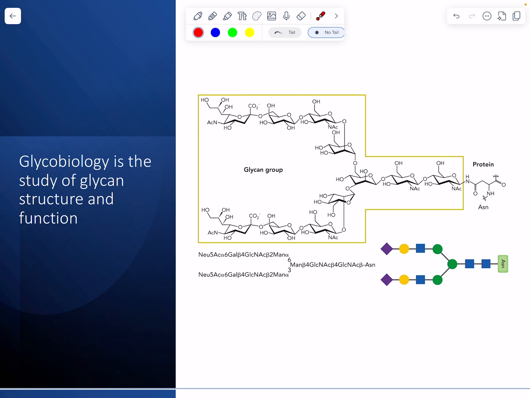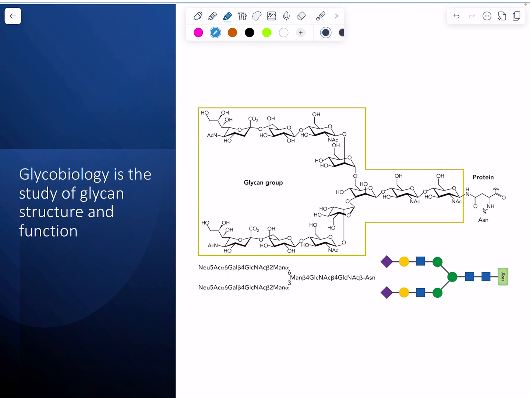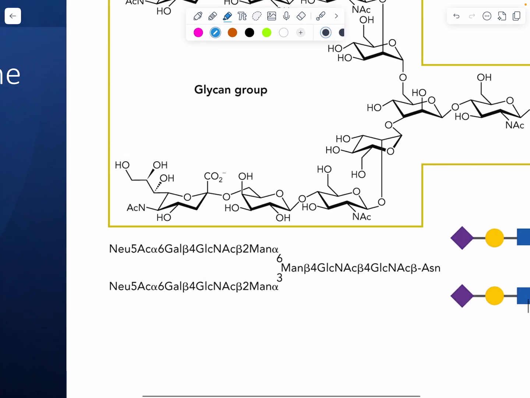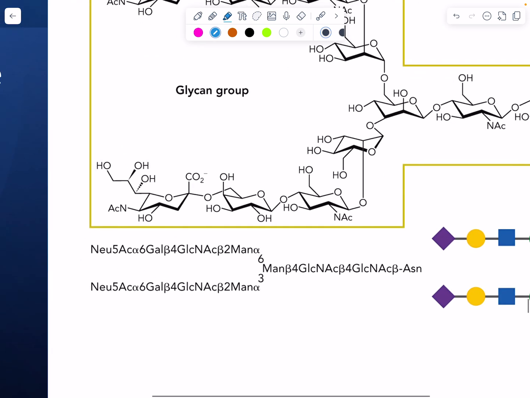We could show it in terms of the name of the monomer, and you'll notice that in these names, and I'm going to zoom in a little so it's easier to see, the names are separated by the type of linkage that there is. Now you'll notice one thing about the linkages, and that is that you only see one number there.